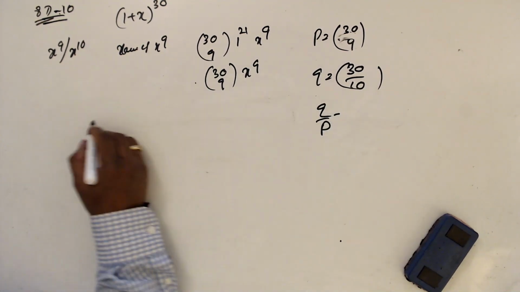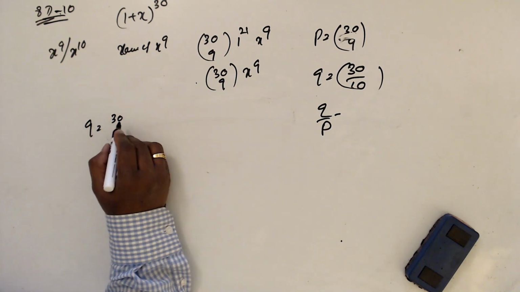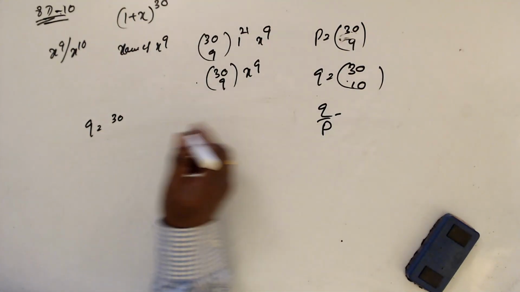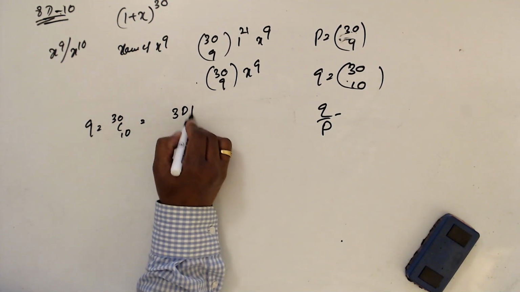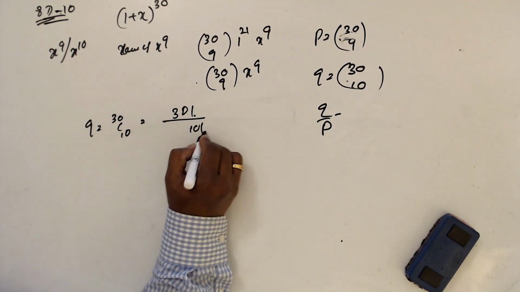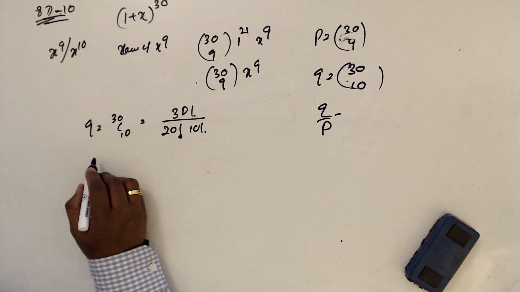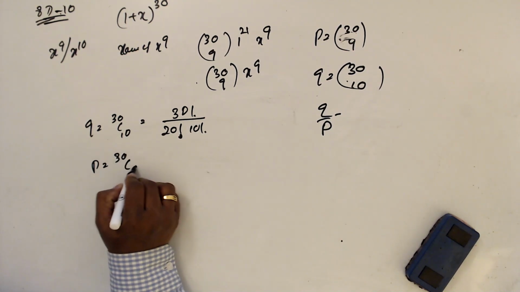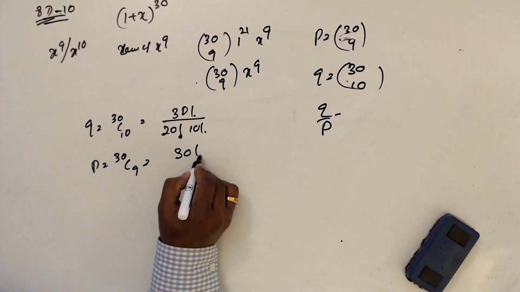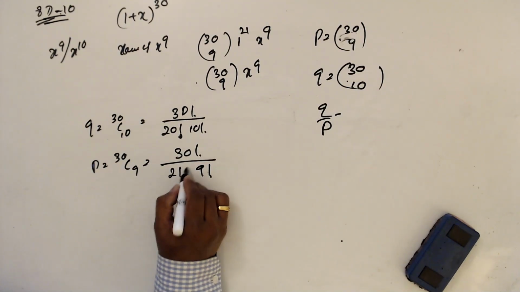First of all, I'll take Q. Q means 30 C 10, so 30 factorial over 10 factorial and 20 factorial. And P equals 30 C 9, 30 factorial over 9 factorial and 21 factorial.